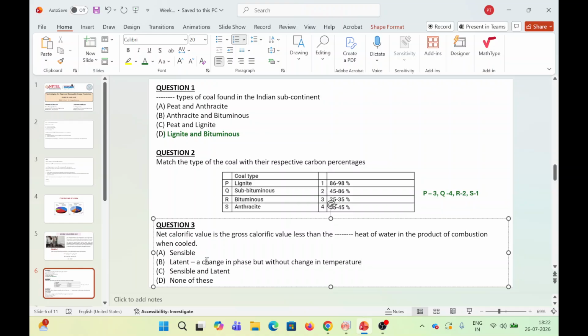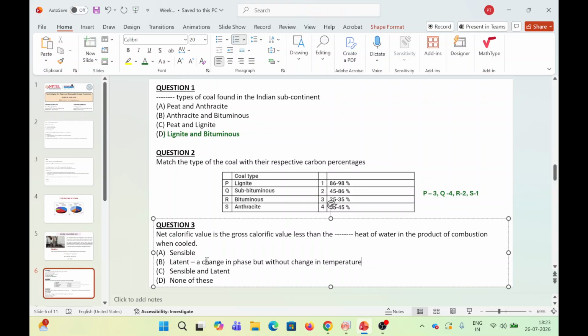Then what is sensible heat? Have a look at it because this is fundamentals.